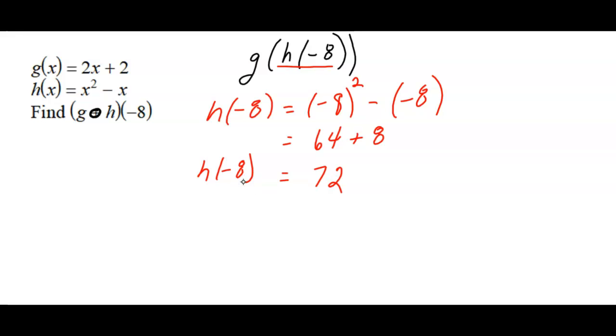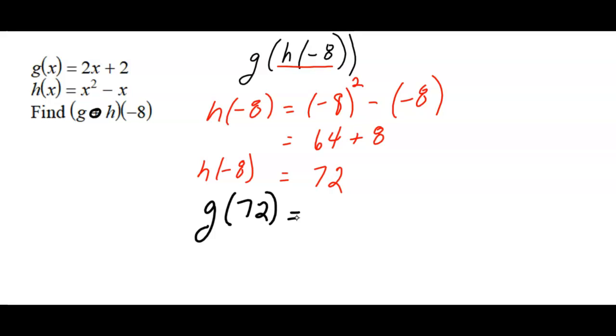Okay, so we first had g of h of negative 8, but we know that h of negative 8 equals 72. So you can replace this with a 72. So now we are looking at g of 72. It's like you have to do a double substitution. You plug the negative 8 into h to see what value you get, and then that value goes into g.